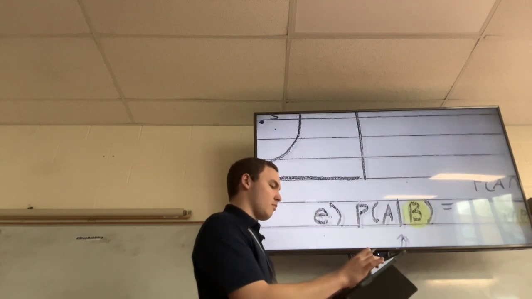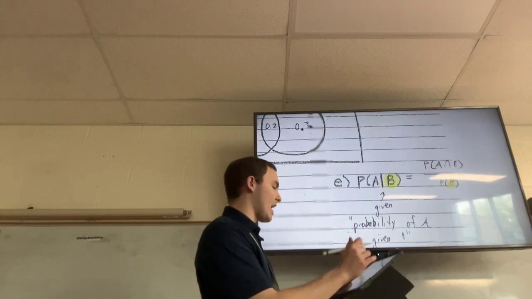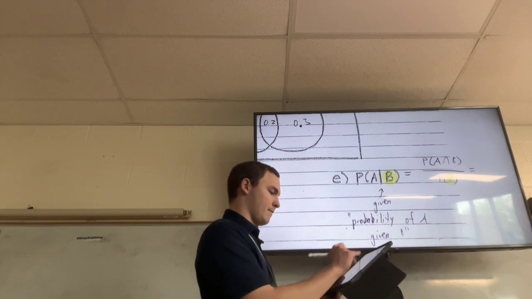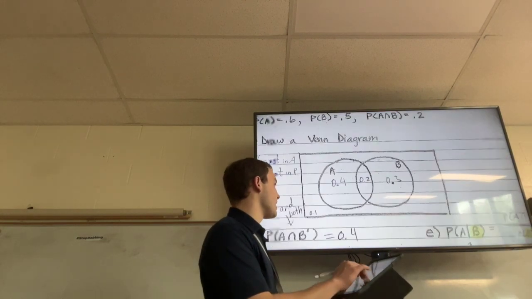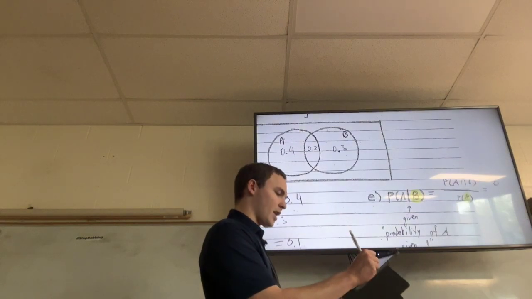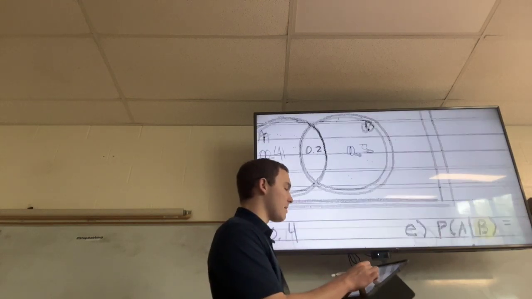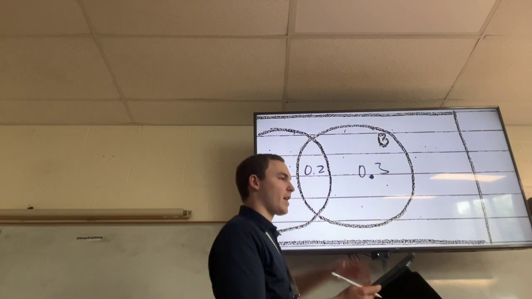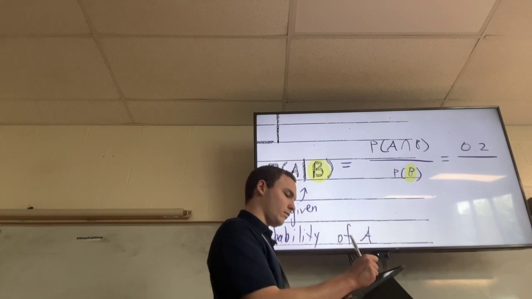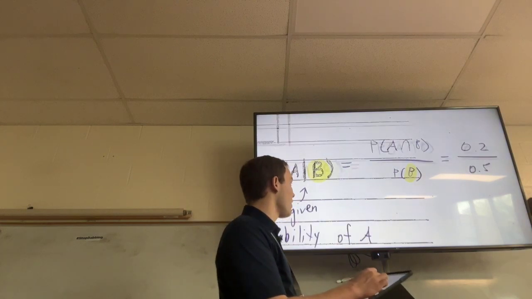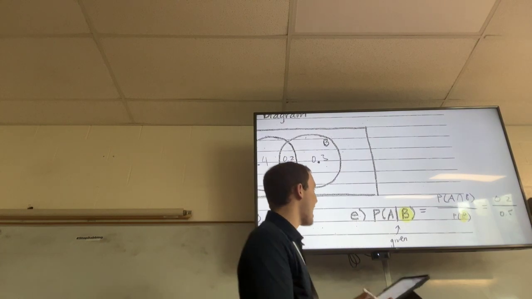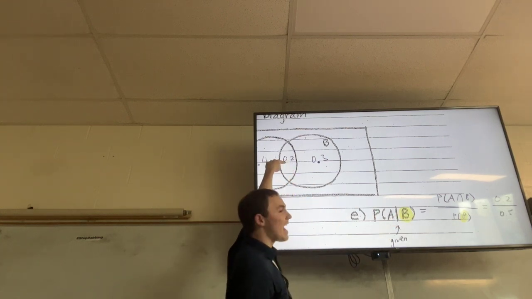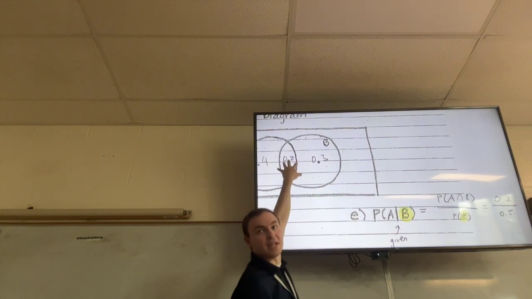It's probability of A and B. What number's in both A and B? It's 0.2. What's the probability of just being in B? Any part of B would be 0.5. So another way to think of this, probability of A given B, is the part that's in A and B divided by the total that's in B. Does that make sense?